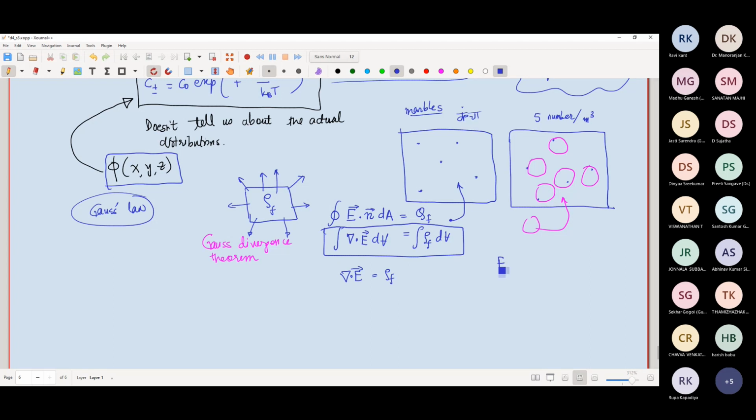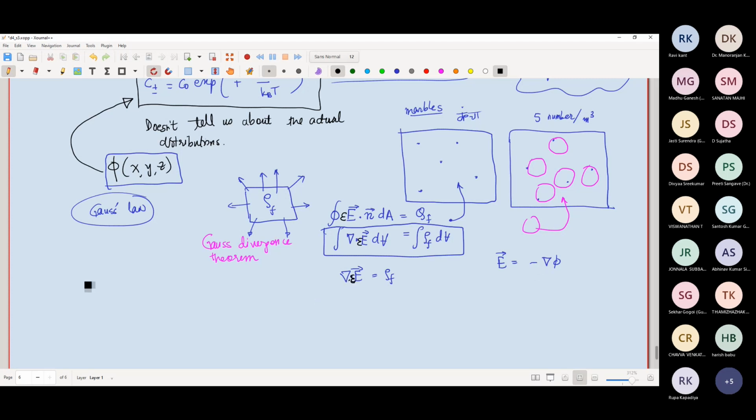But what is E? Electric field is equal to minus of the gradient of potential. So I have forgotten to write this down in terms of the displacement. Okay. So the electric field is minus of the gradient of potential.